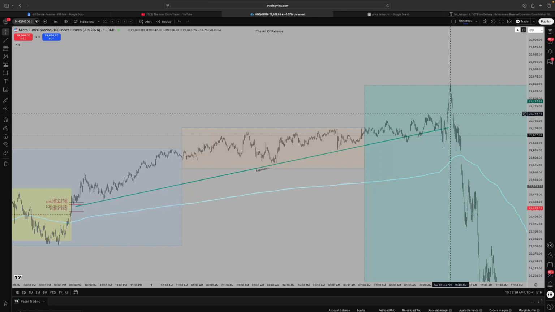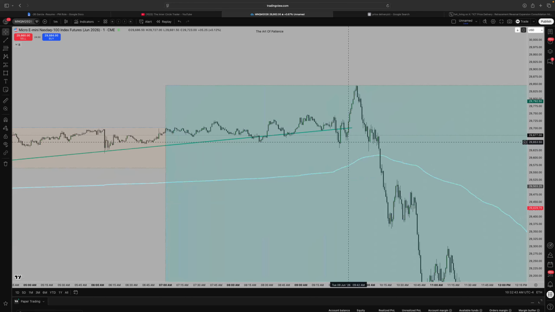If we're trading the macros, this is already in the next day, the next session, but this is a manipulation move, very manipulative, and also very tricky. But if we wait, that's why it's important to wait to trade in the macros.